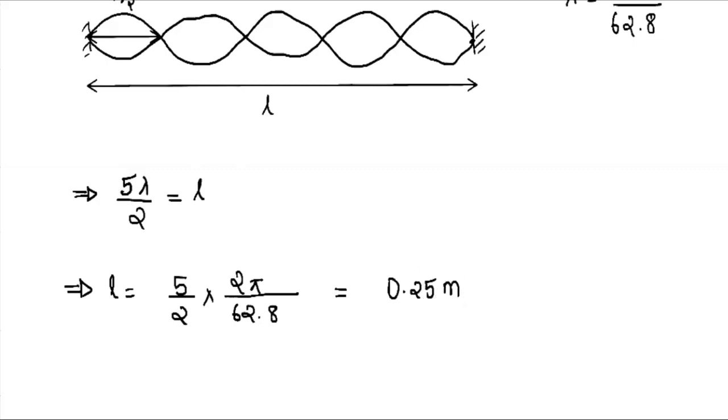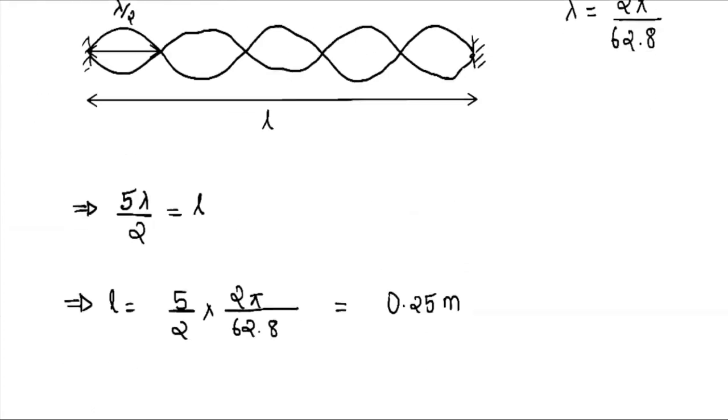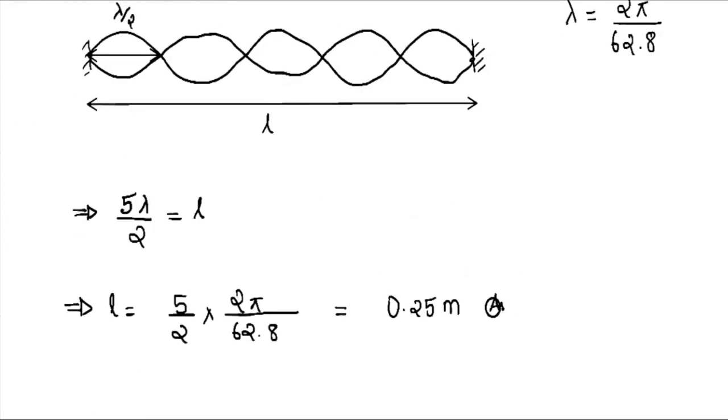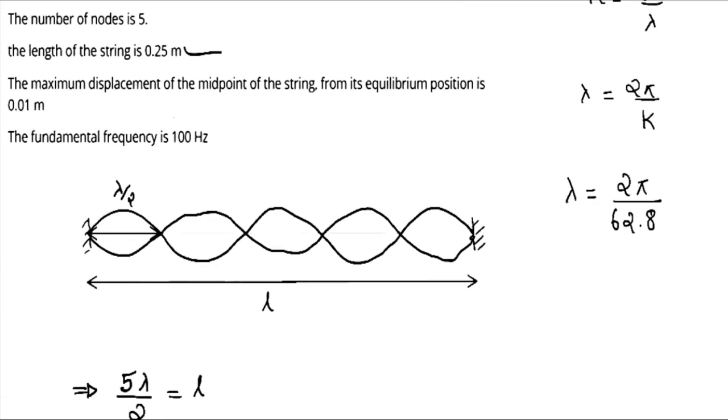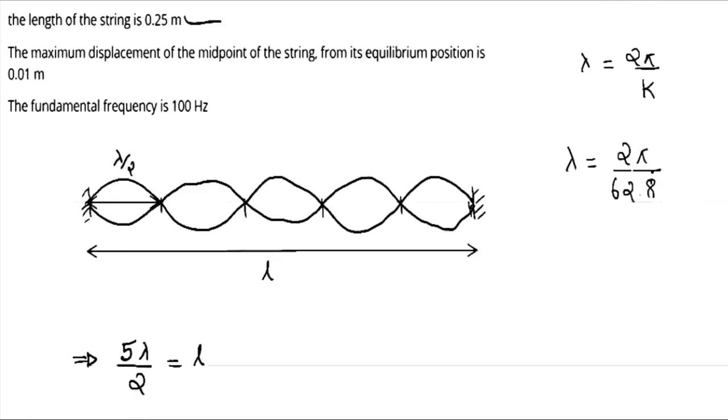So we can see that our second option is correct. So our correct statement will be the second one. And if we talk about the number of nodes, we can count it from the diagram. This is our first node, this is our second node, this is third, this is fourth, and our fifth and sixth nodes.